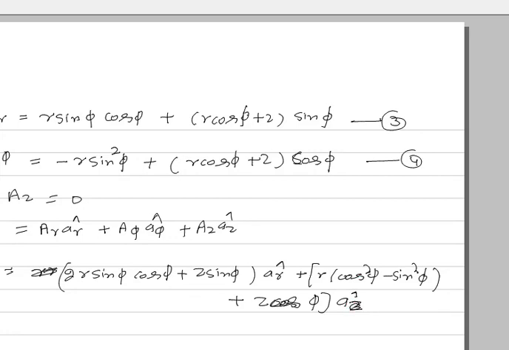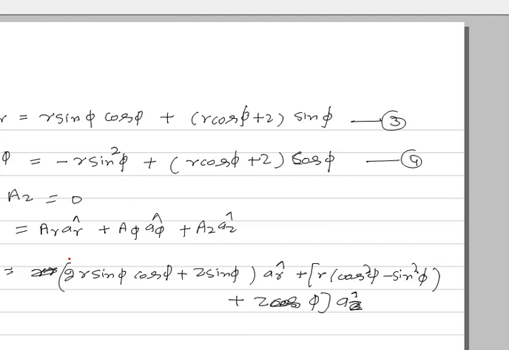Okay, see here, now in this equation there are no components of x and y, so all components are in terms of r, phi and z. So you can say, dear students, this is the final expression of the vector in cylindrical coordinate. So this type of problem we can solve with this method.